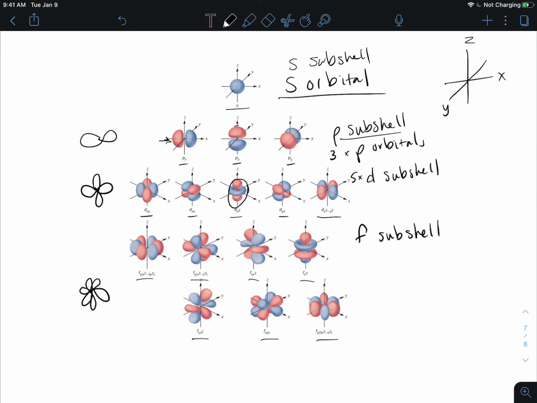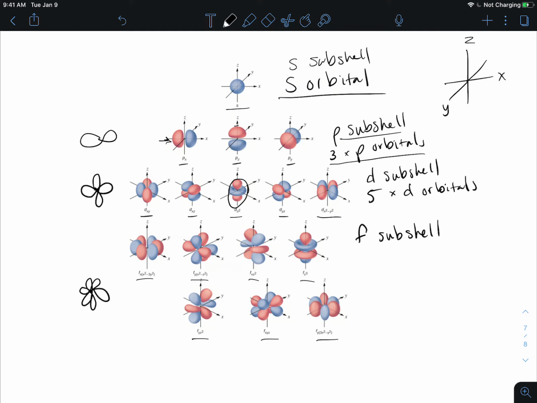If you have a p subshell, you have 3 p orbitals, and those 3 p orbitals are described by which axes they're on. Same thing with our d subshell. If we have our d subshell, we have 5 possible d orbitals, and their names or orientations are based upon which area the lobes are in.